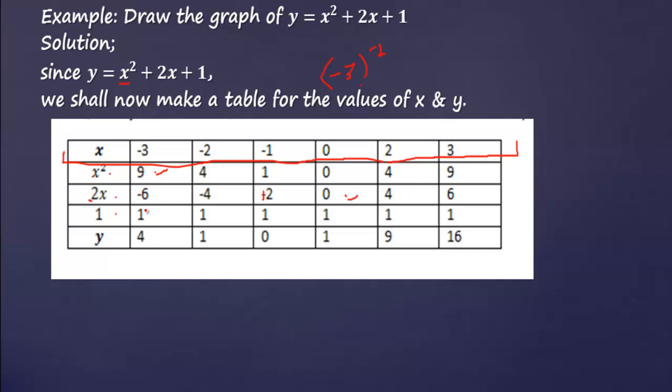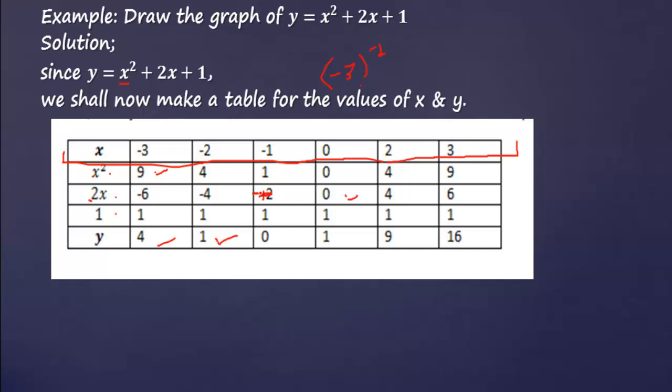Plus 9 minus 6 is +3, plus 1, which is 4. That's how you got 4. 4 plus -4 is 0, plus 1 is 1. That's how we got 1. Then 1 plus this is -1. -1 squared is 1, and then minus 2 times -1 is -2.